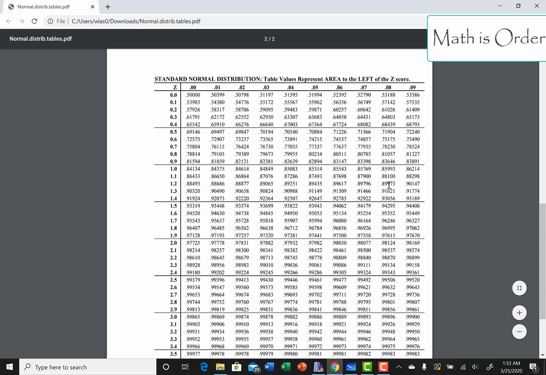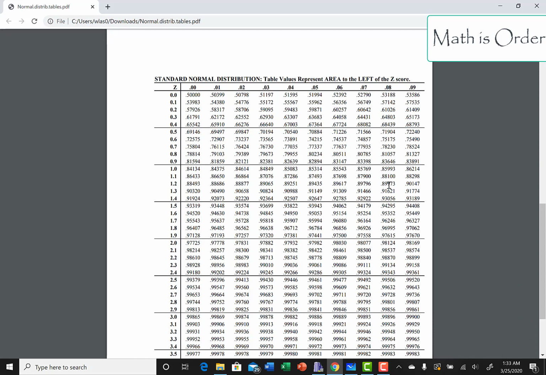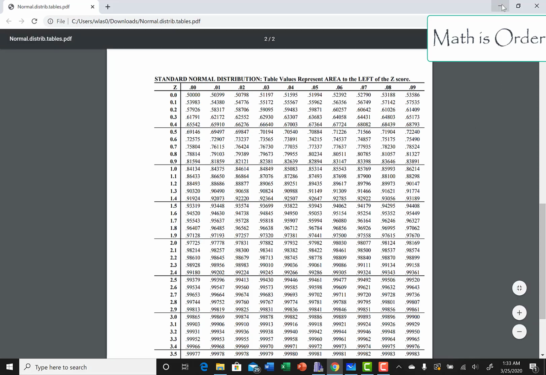And now, what is the corresponding z-score? Well, if I look to the left, I see 1.2. If I look up above that value, I see 0.08. So 1.28 is the z-score.